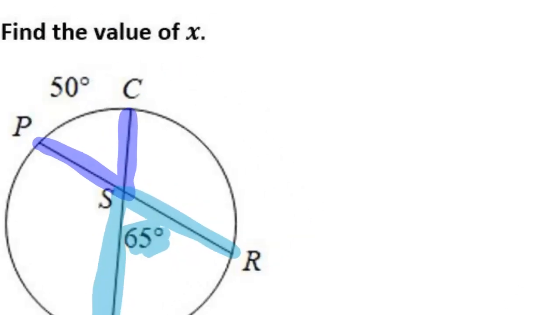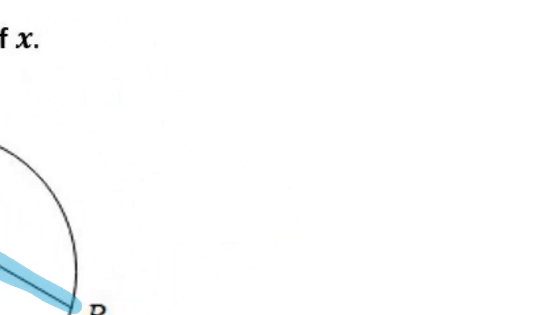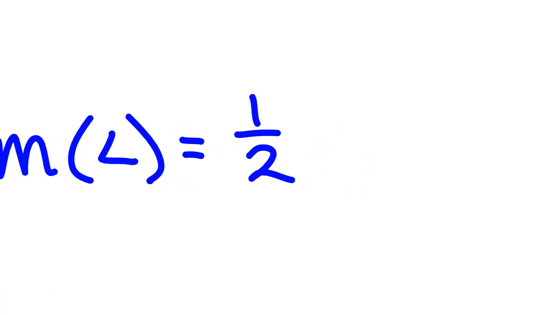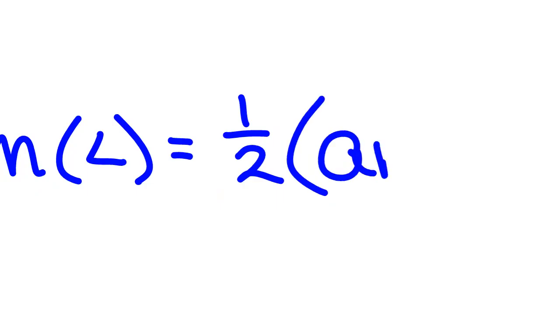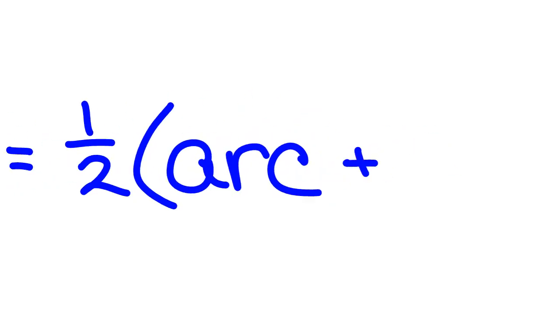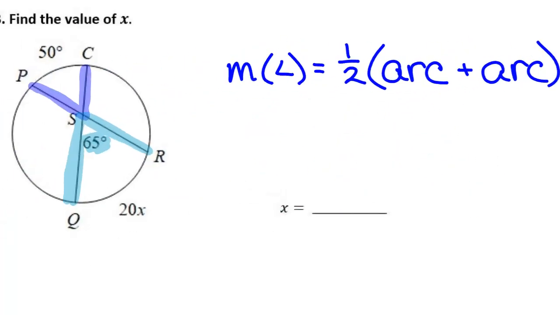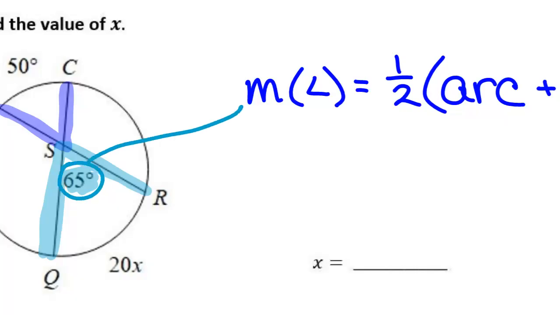Now, the formula that we had when we studied this back in Module 10 is that the measurement of the angle is equal to 1/2 the sum of the two arcs. So arc plus arc. So in the place of the angle, we're going to put 65 equals 1/2.